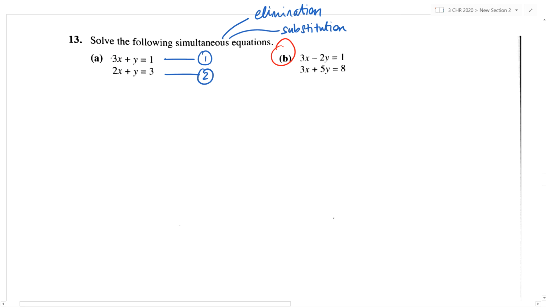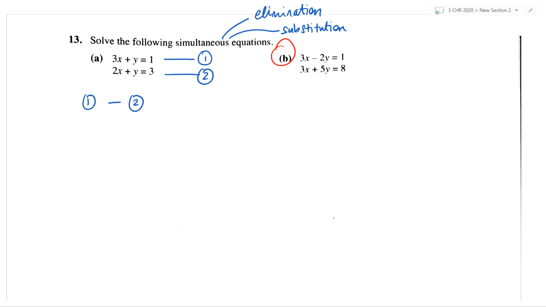We have 3x over here in equation 1 and 2x in equation number 2. That's not a good choice for elimination. However, if we compare the y terms, both of them have the same coefficient of 1, positive 1 to be exact. So this means it is a good time to use elimination. We can choose either equation 1 minus equation 2, or you can choose 2 minus 1, it doesn't matter.